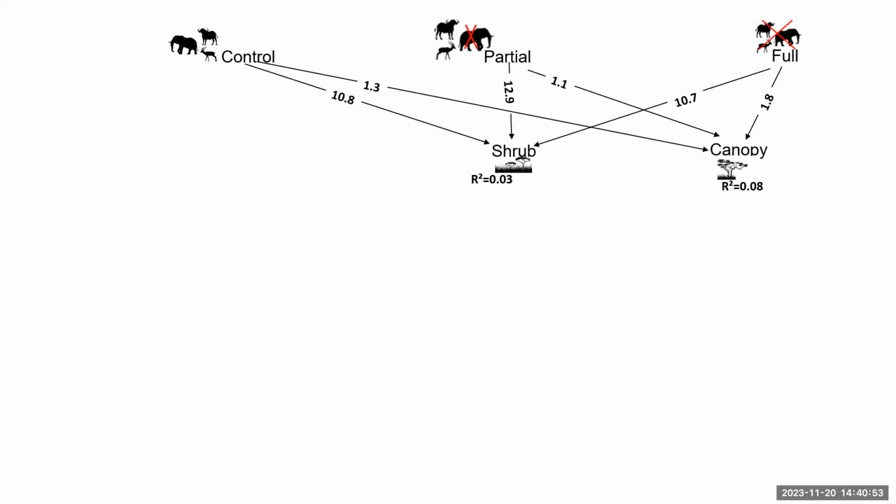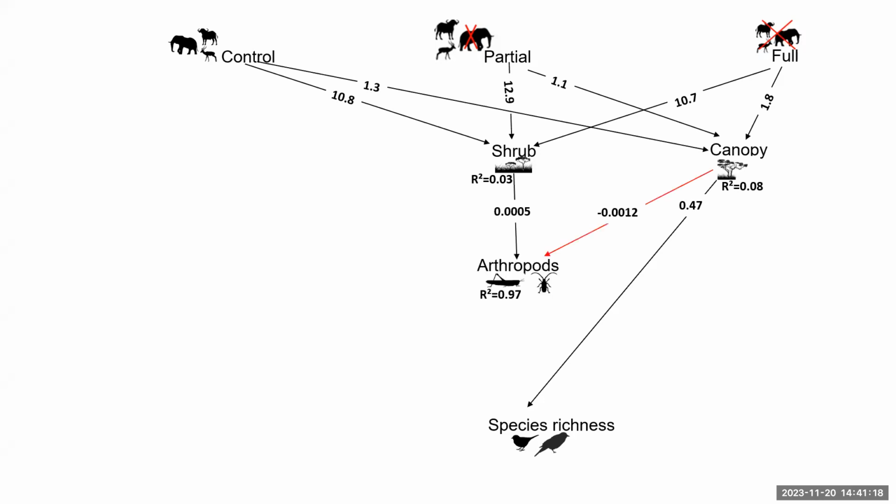So how did this then affect bird communities? We noticed that only variation in canopy cover impacted species richness in the system. So large herbivores influencing canopy cover, influencing vegetation, influences species diversity by just changing shrub cover and canopy cover.